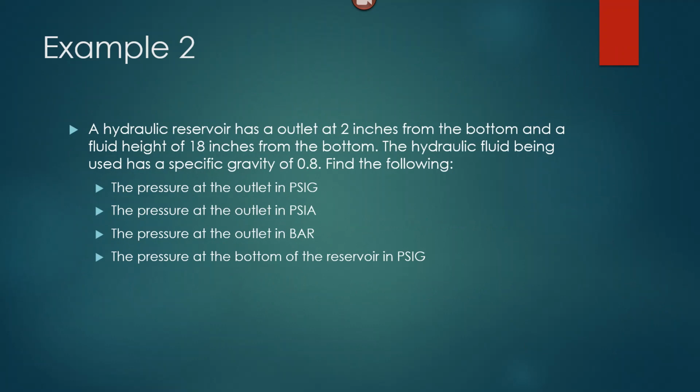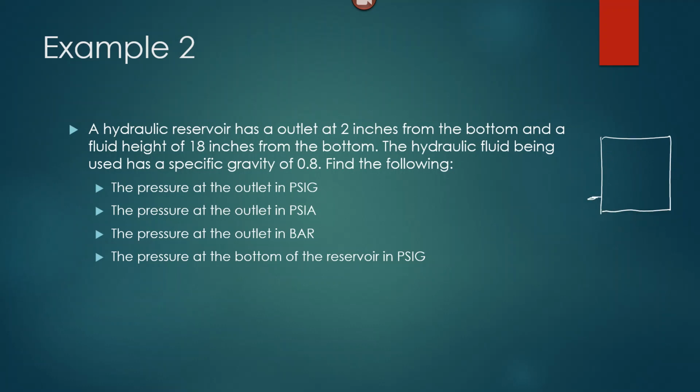A hydraulic reservoir has an outlet 2 inches from the bottom and a fluid height of 18 inches from the bottom. The hydraulic fluid being used has a specific gravity of 0.8. Find the following. First, let's explain this for a second, because I read that wrong at first, but it's pretty easy.